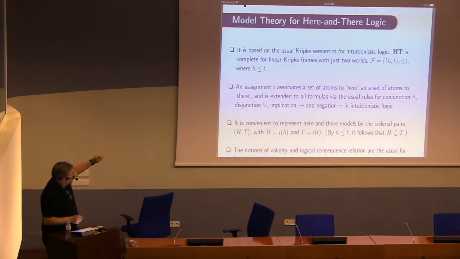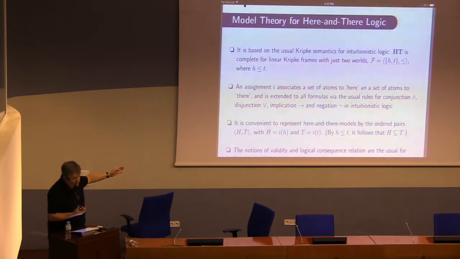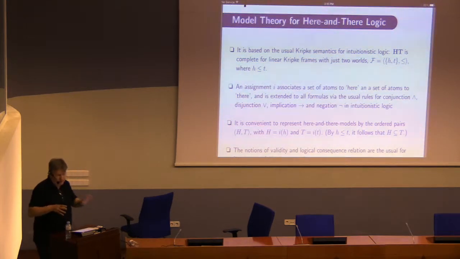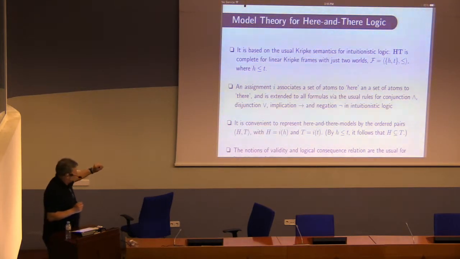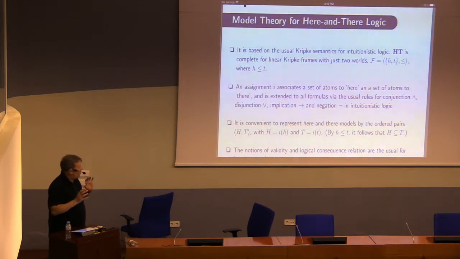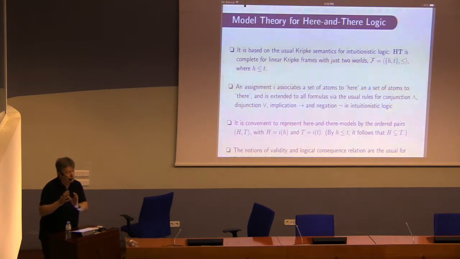The only thing you really need to know, or may be useful to know, is that in this logic, in the propositional case, everything works for first order logic, but I just show you the propositional case. You have two sets of atoms, H and T. So H is here and T is there. What they mean is that H represents what's true, definitely, and T represents what's not false, the atomic propositions that are not false.